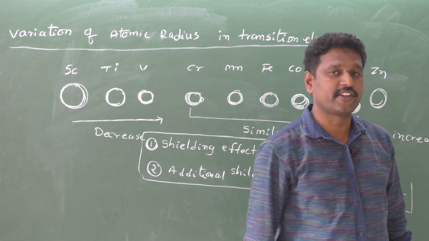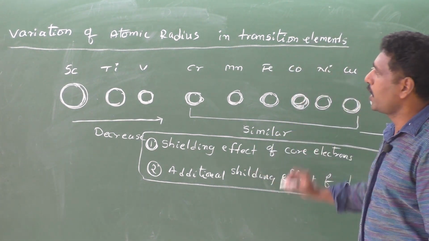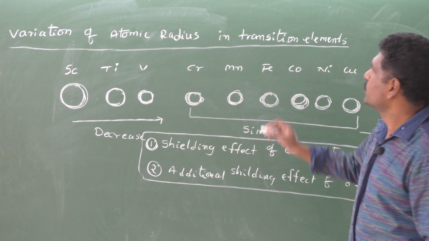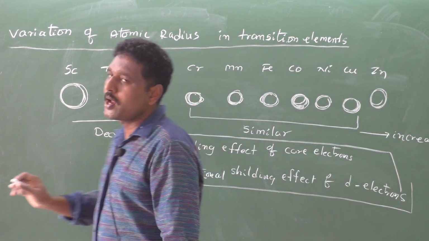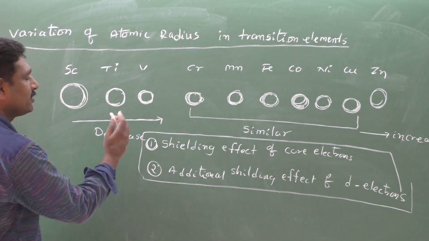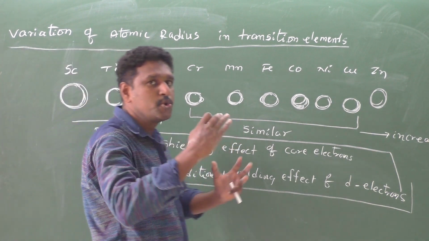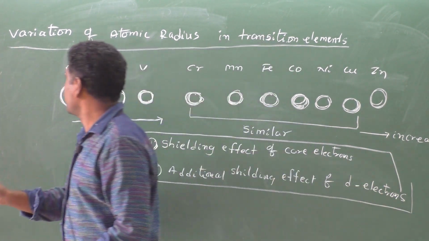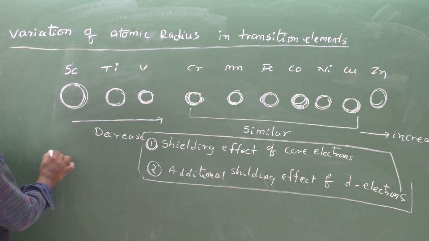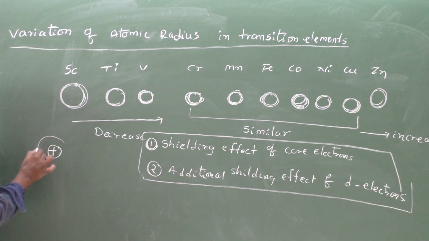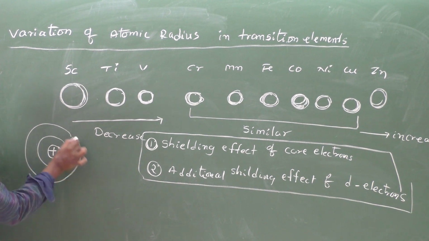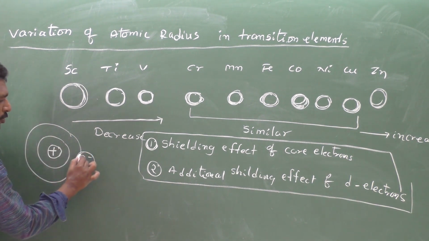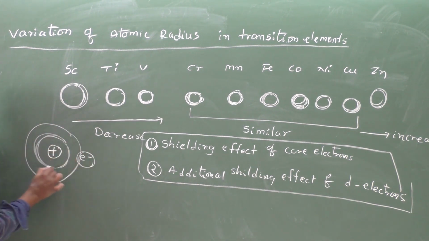What is shielding effect? What are core electrons? Core electrons means the electrons present in between the nucleus and the outermost orbit. For example, this is the nucleus. These electrons are called outermost electrons. These electrons are called core electrons.